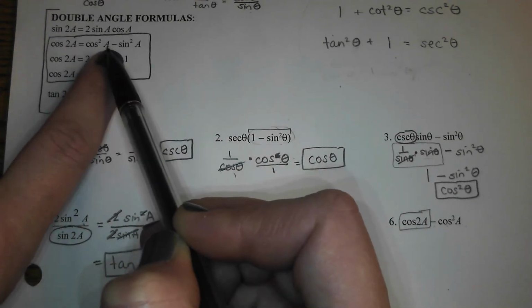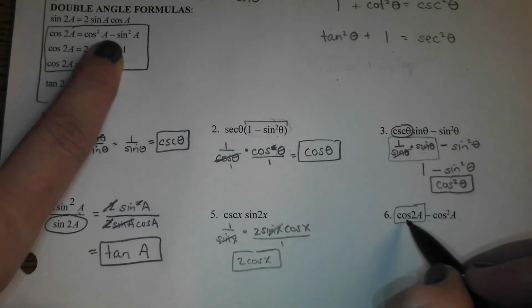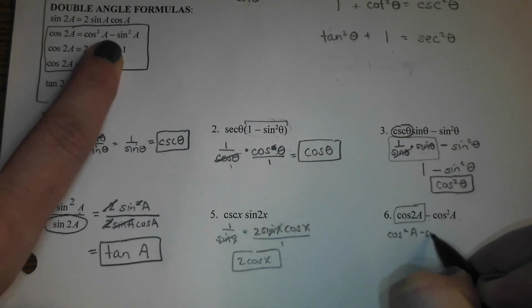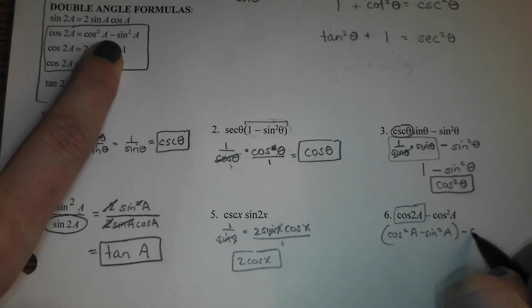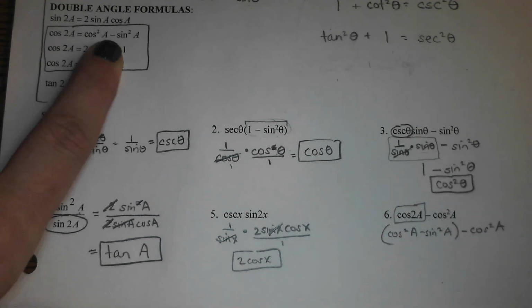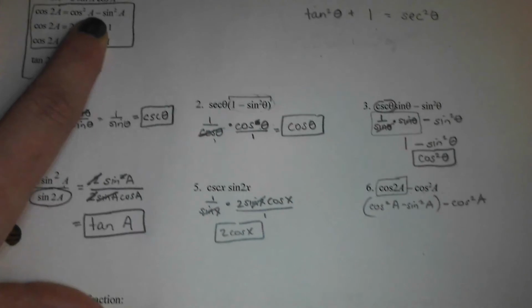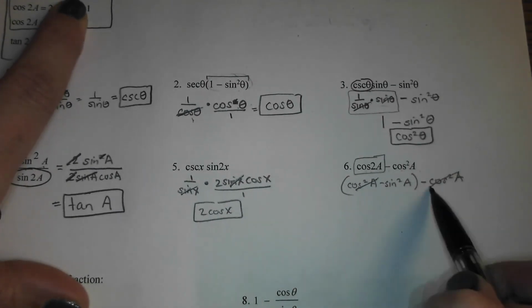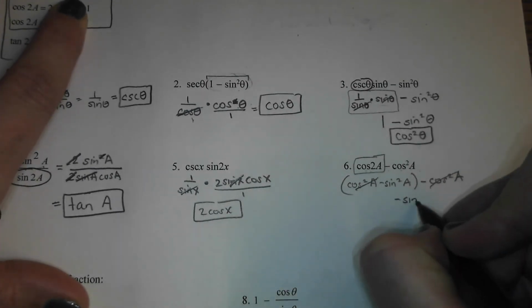Yeah, that's what I would do. So I would replace this with cosine squared of a minus sine squared of a. And then there's still the minus cosine squared of a after the fact. And then just combining like terms causes those two to cancel, and it's just minus sine squared of a.